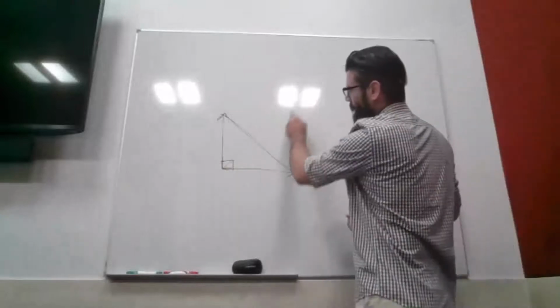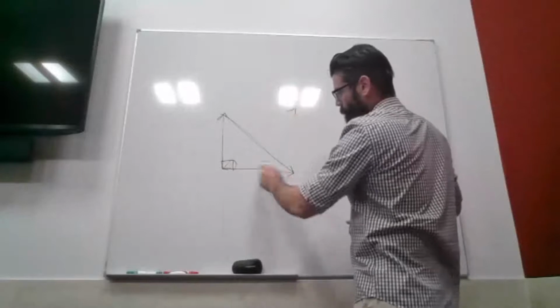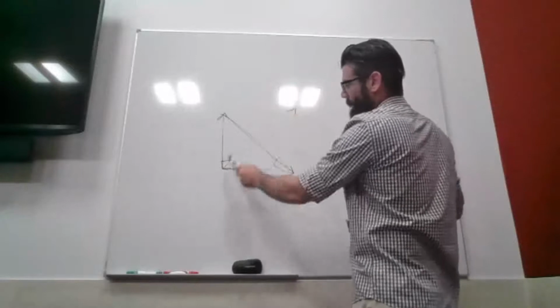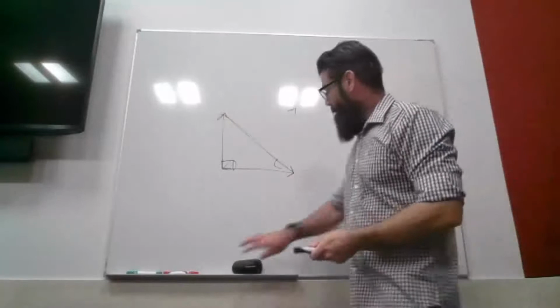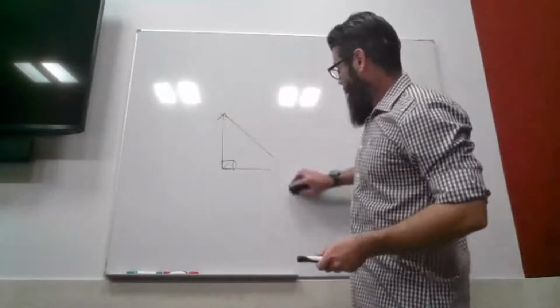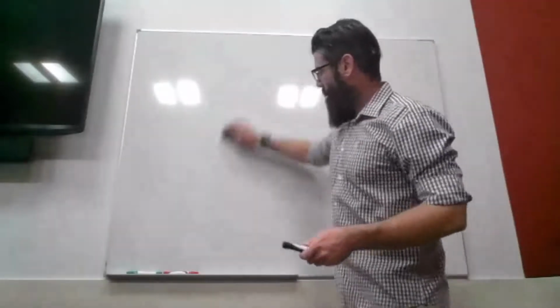So the new vector will be coming here, but the angle will be the same, and the length will be the hypotenuse of that triangle. So again, that's fairly simple. I think everybody has got a fairly good idea of that.